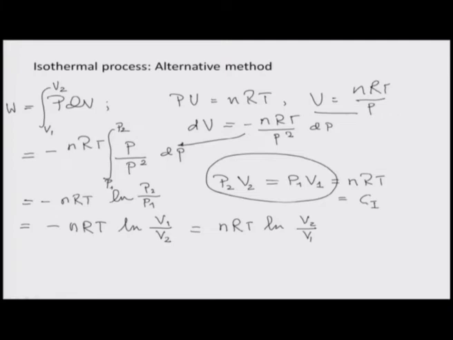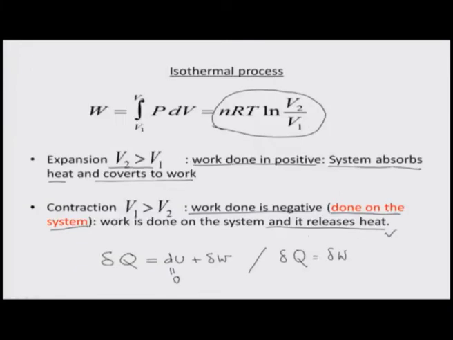You should remember, when work done is positive, the system absorbs heat, and when work done is negative, which means the contraction process, the system releases heat. Internal energy never changes because I am considering an ideal gas. In an ideal gas, internal energy is entirely a function of temperature T.